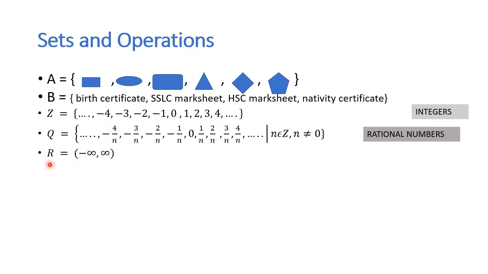R represents the set of all real numbers. Real numbers include rational numbers as well as irrational numbers. Rational numbers can be written in the form m by n, that is, one integer divided by another integer. It's a fraction. Irrational numbers are those which cannot be written in this fraction form.